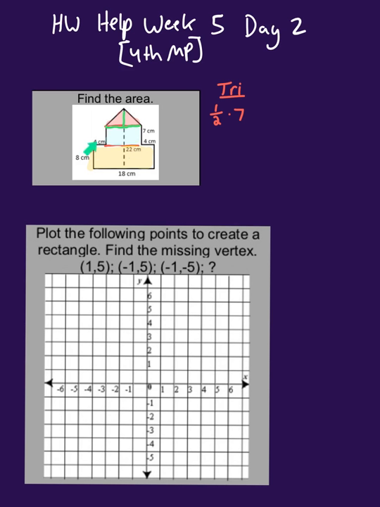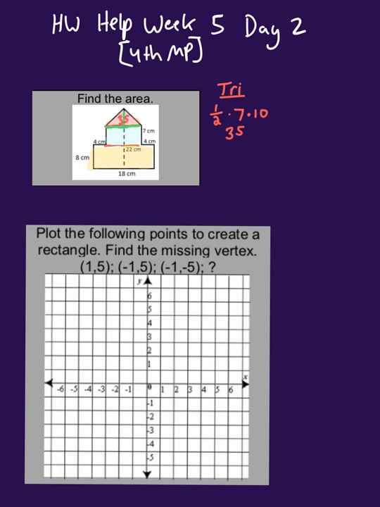So we've got to take away this 4 and this 4 from 18. I know those 2 4s together are 8. Take away 8 from 18 and you're left with 10. So that means the base is 10. And half times 10 times 7, well, I know half of 10 is 5 times 7 is 35. So the area of the triangle is 35.